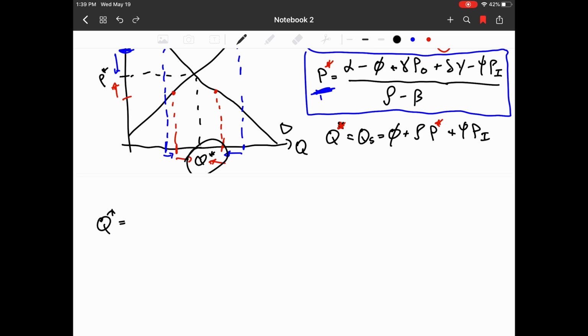Q star is equal to, we're going to make sure the denominator is the same for each of our terms, and that's rho minus beta. Then inside, we have alpha minus phi plus gamma p0 plus delta y minus phi pi.